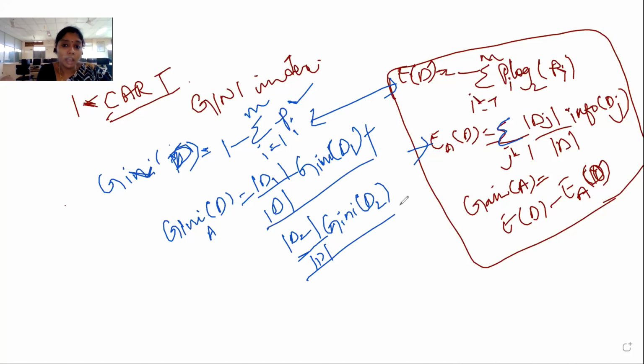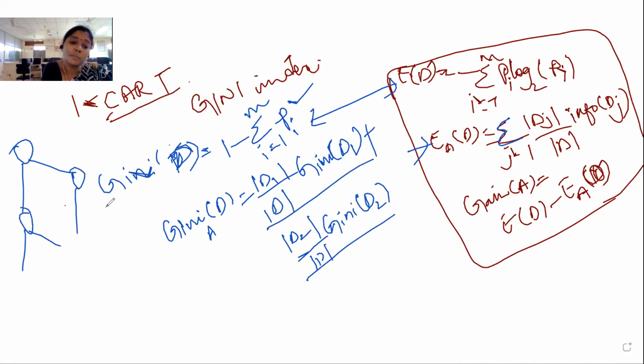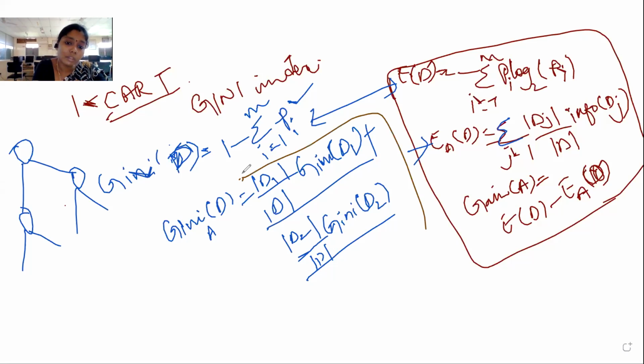Only 2 branches are allowed to grow from each root node, so at every stage we have only 2 partitions. That's why this formula is expanded in 2 steps only.